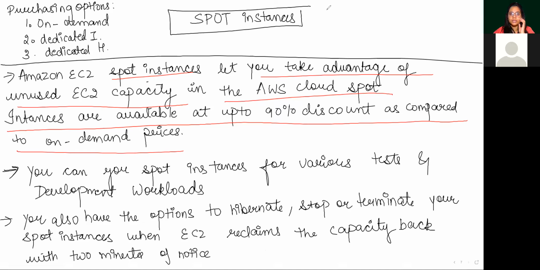Okay, try to understand this. It is very clear that this is used for testing and development workloads, meaning a small amount of work. What usually happens when a hotel room is available at a 90% discount?